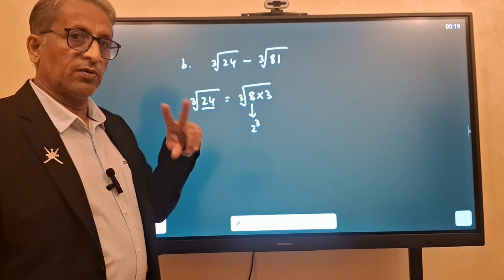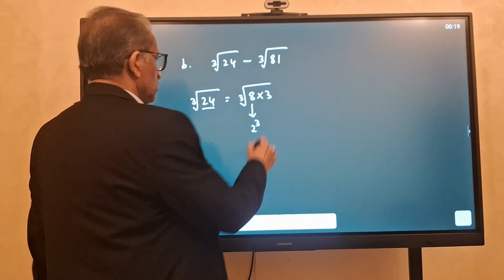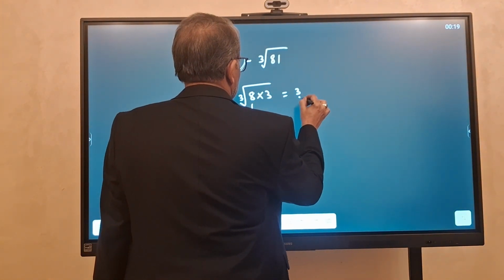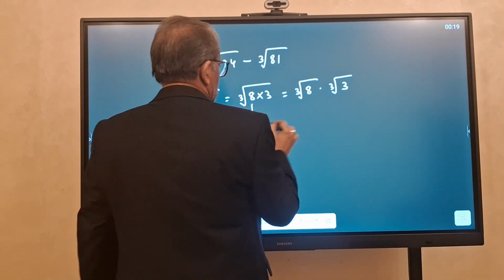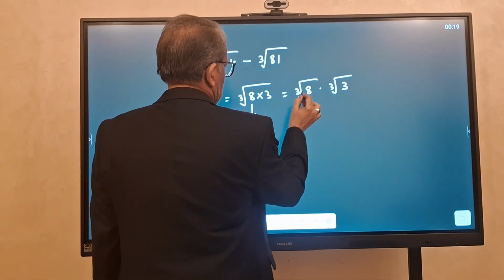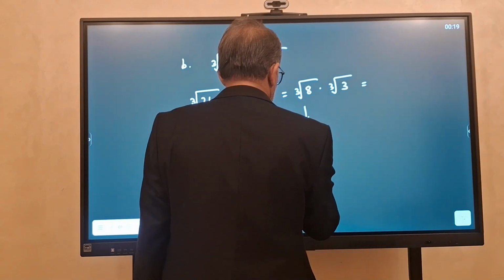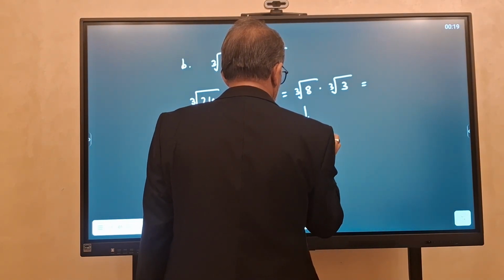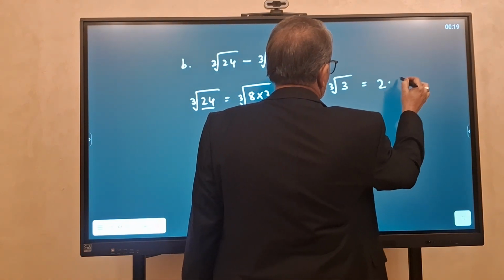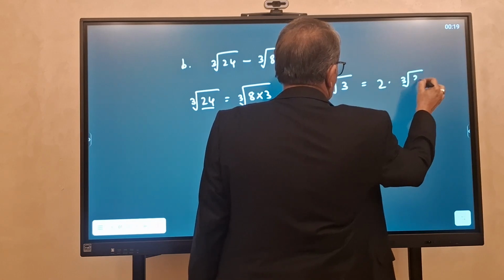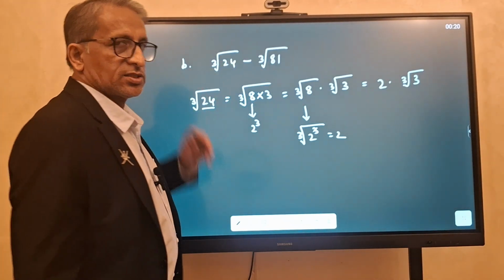So earlier power 2, now it is power 3 because of the cube root. So separate it: cube root of 8, cube root of 3. So 2 power 3 and the root 3 cancel. That means this cancels. You get 2. So we have got 2 cube root 3, the first one. Let's go to the next one.